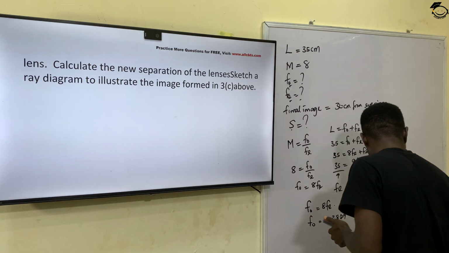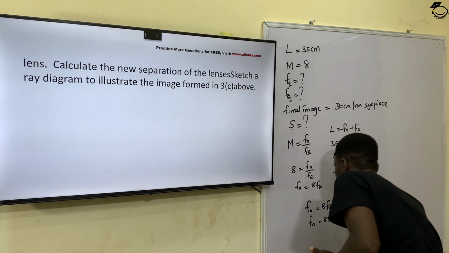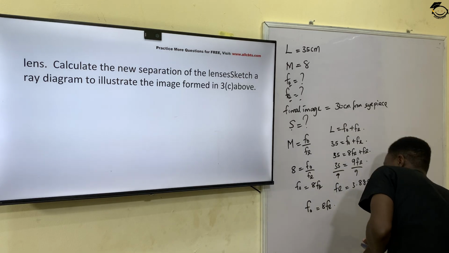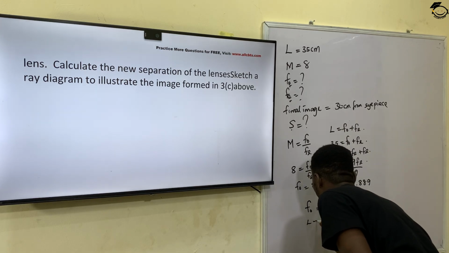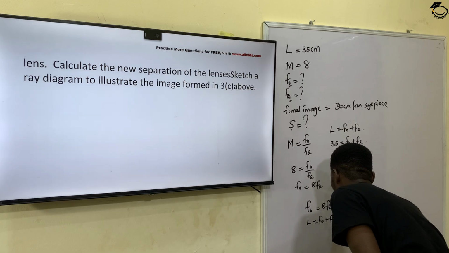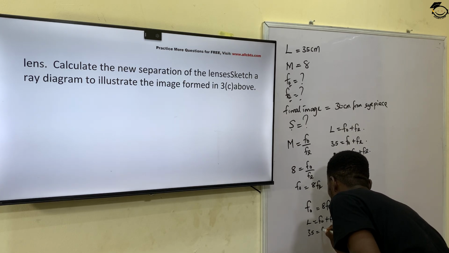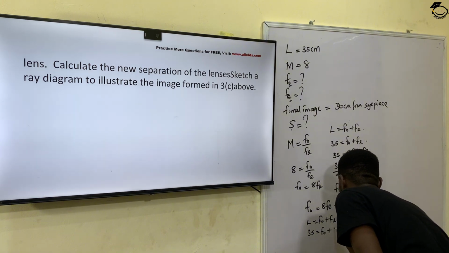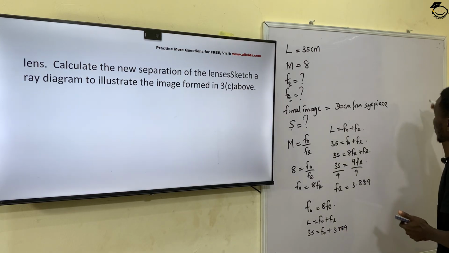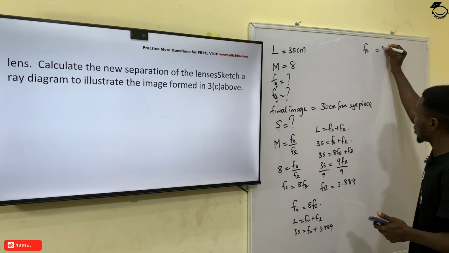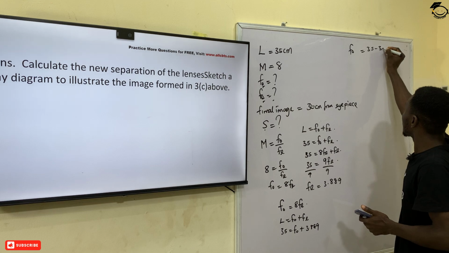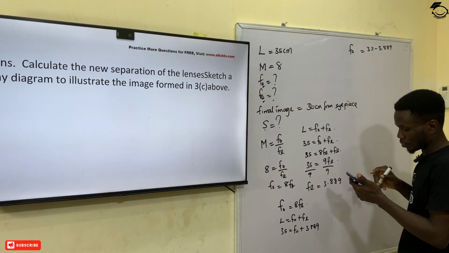Or you can simply say that since we know that my L is equal to F0 plus Fe, this is the same as saying I have 35 is equal to F0 plus 3.889. So it means therefore that my F0 is going to give me 35 minus 3.889.